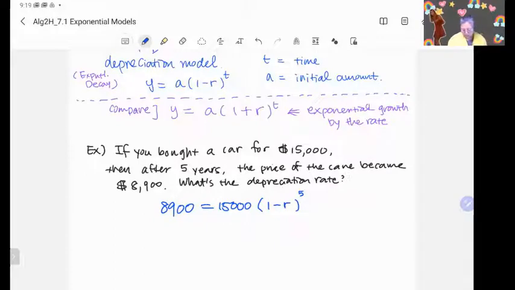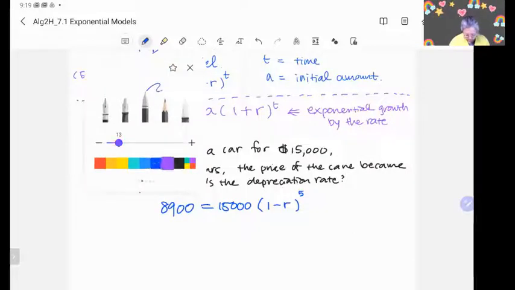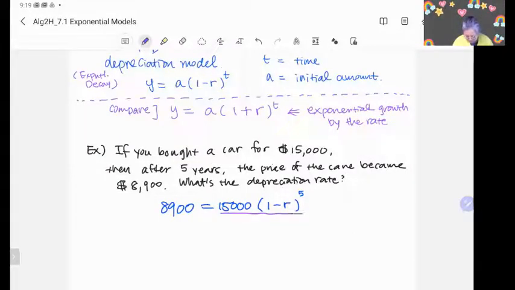The first step to solve this equation for r is to isolate the variable r. So first, we divide everything by 15,000. Then you should have approximately 0.59333 forever, equals 1 minus r raised to the power of 5, right?